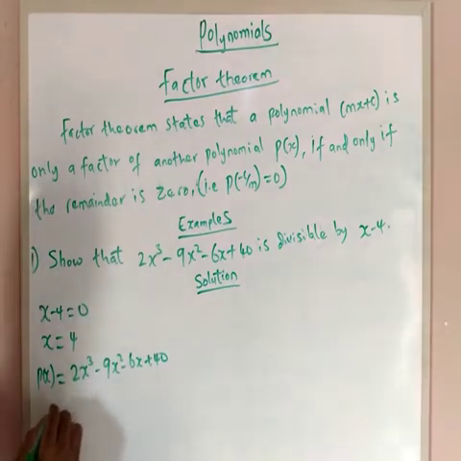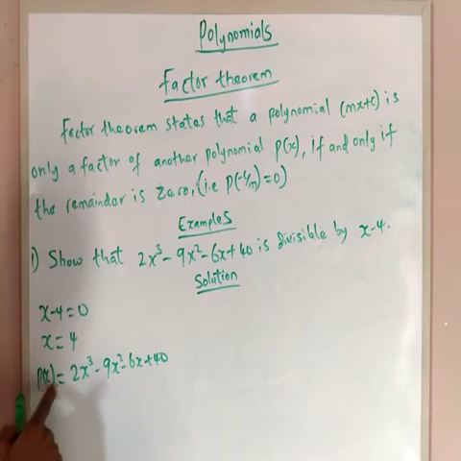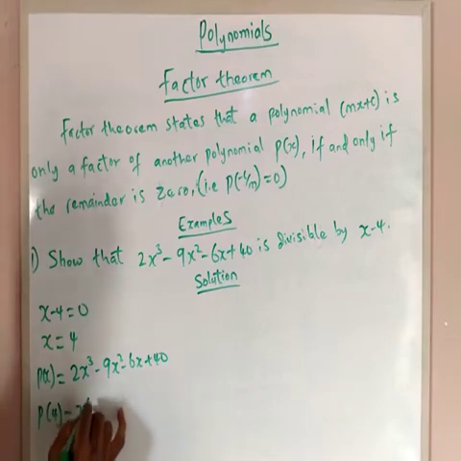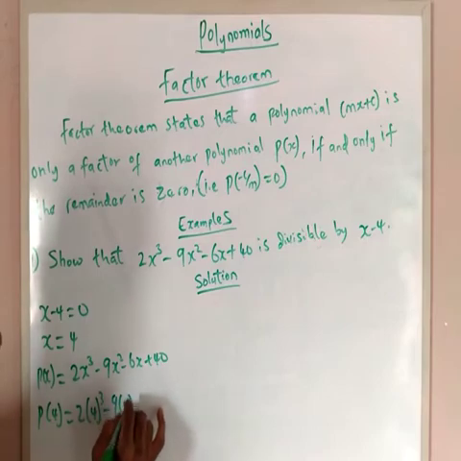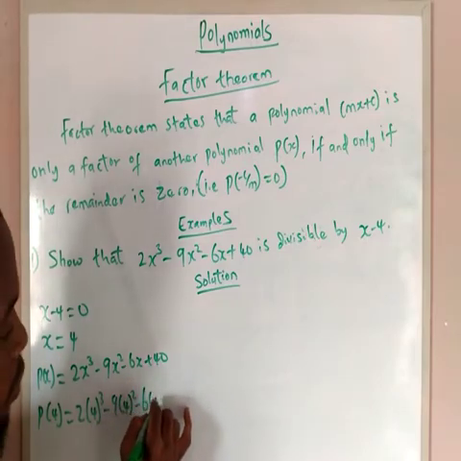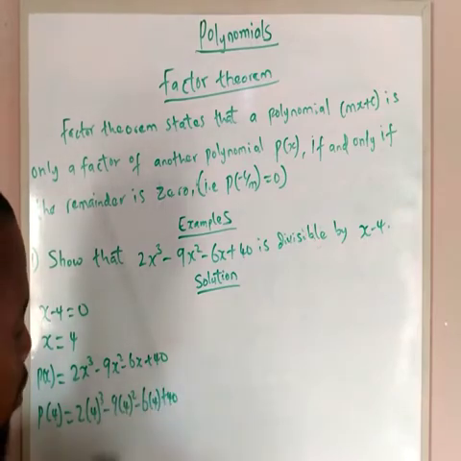Now instead of writing x, we replace it with 4. So we have p of 4 equal to 2 into brackets 4 raised to the power 3 minus 9 into brackets 4 raised to the power 2 minus 6 into brackets 4 plus 40.